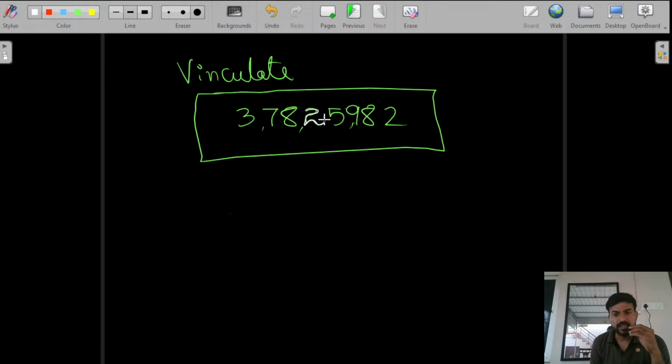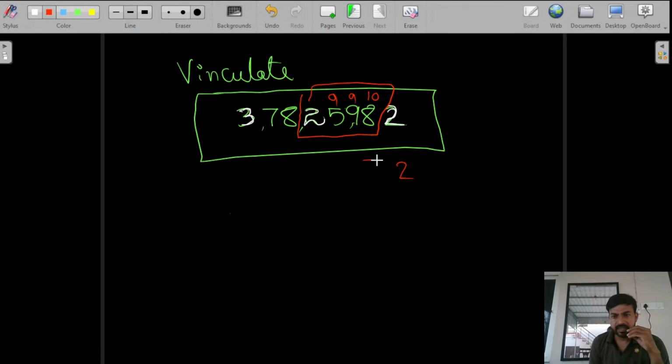This one is a lower digit, this one is a lower digit, and this one is a lower digit. So we need not apply the vinculation process on lower digits. So apply from here, all from 9, last from 10, till this place. So you can take 2 as it is, since 2 is already a lower digit.